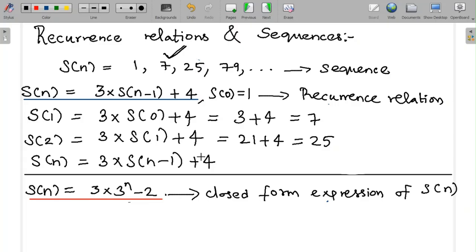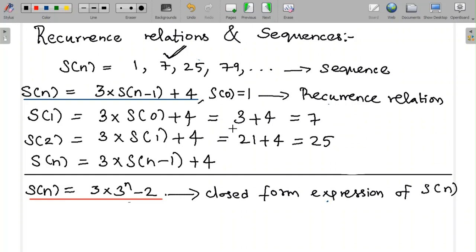recurrence relation. We call such recurrence relations first order because we need a maximum of one term to define the recurrence relation completely. If you look at this, S of 0 is equal to 1 is all the information we need to start building the sequence. This term is necessary to build the sequence, and only this term is enough.